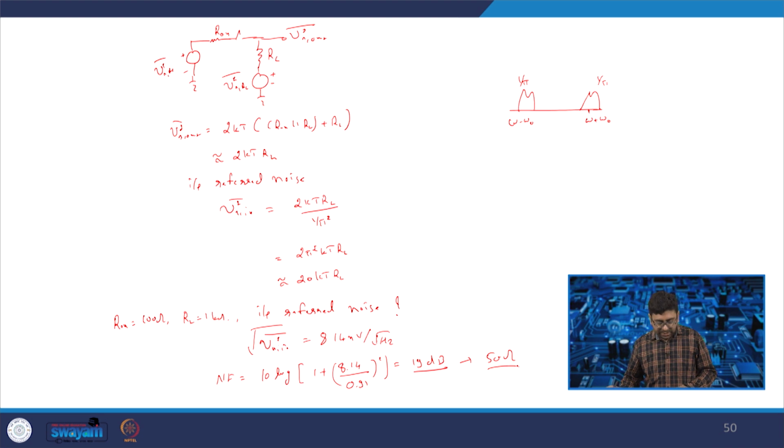So you can see that the noise figure of the mixer is too high, and this is a passive mixer, because a passive mixer does not have a gain, it has a loss. So that we need to consider while calculating the noise figure of this, and that is why including the low noise amplifier before the mixer is widely used, so that the complete receiver noise can be reduced.